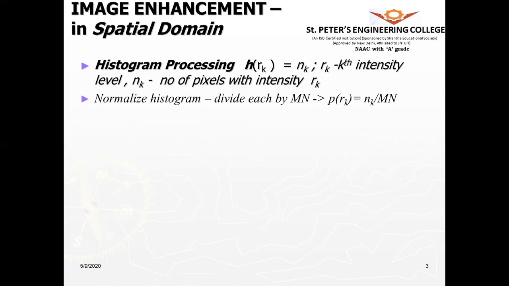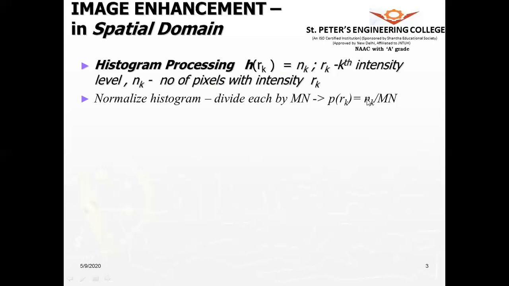Since nk is the total number of pixels with the kth intensity, we can represent it as a random variable and associate a probability with it.